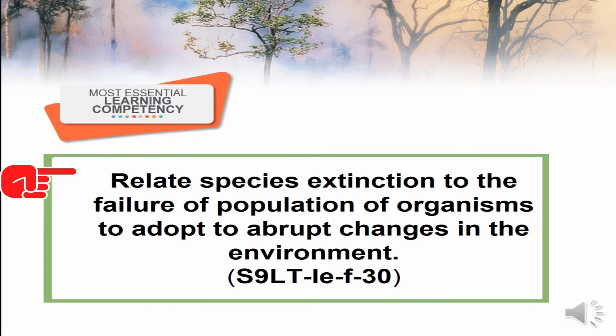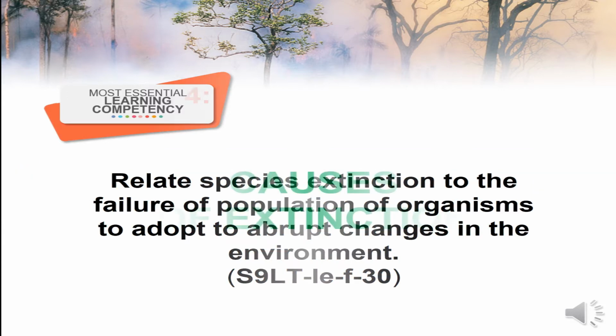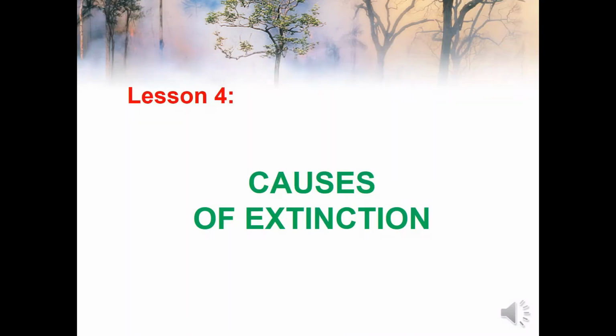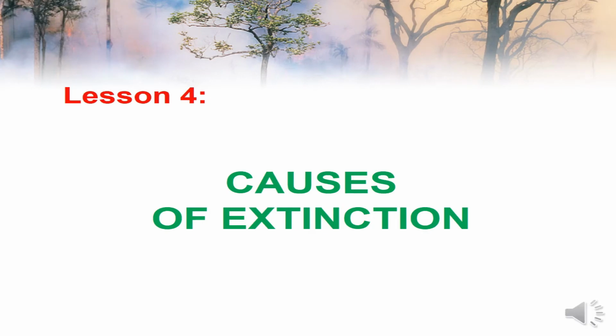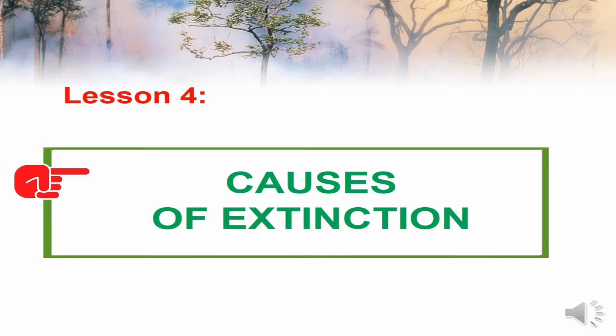We will focus on the given learning competency, which is to relate species extinction to the failure of population of organisms to adapt to abrupt changes in the environment. Our lesson for this learning competency is all about causes of extinction.